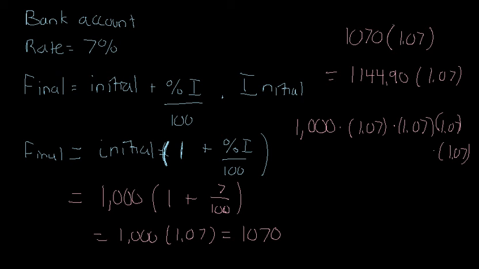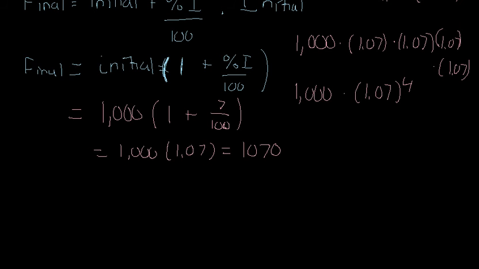So for that fourth year, I multiply something by itself 4 times. We can think of this as 1.07 to the fourth.